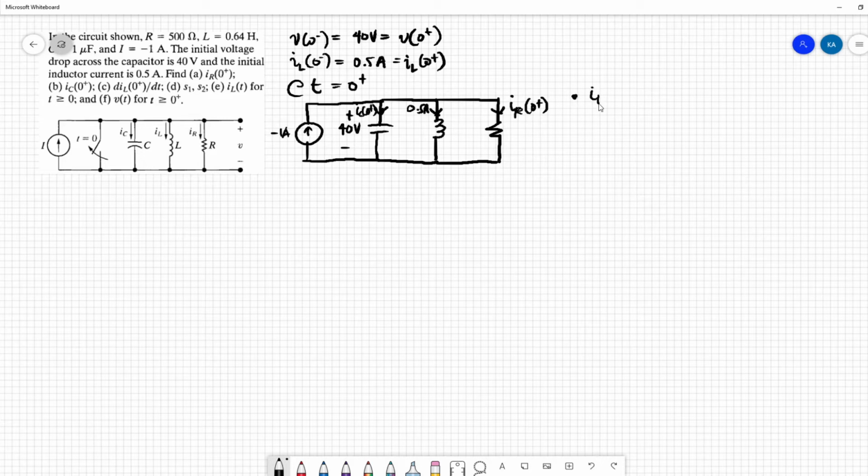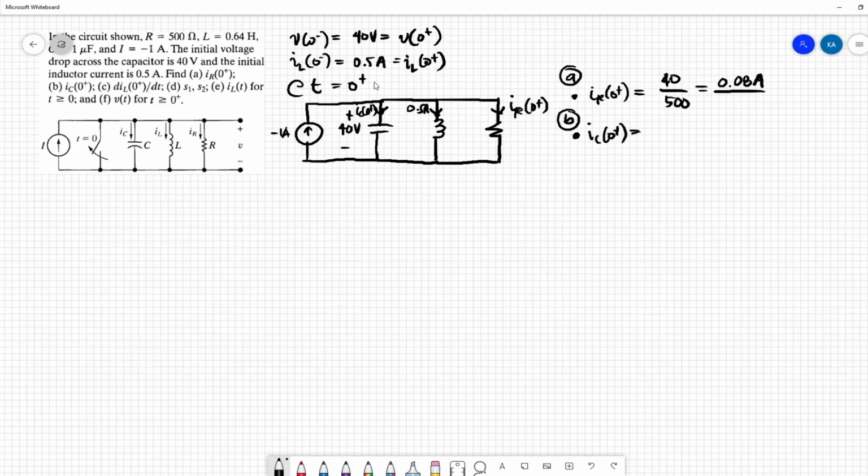So IR of 0 plus is equivalent to 40 over R. So we have 40 over 500 equal to 0.08 ampere. This is for A. For B, we have IC of 0 plus.